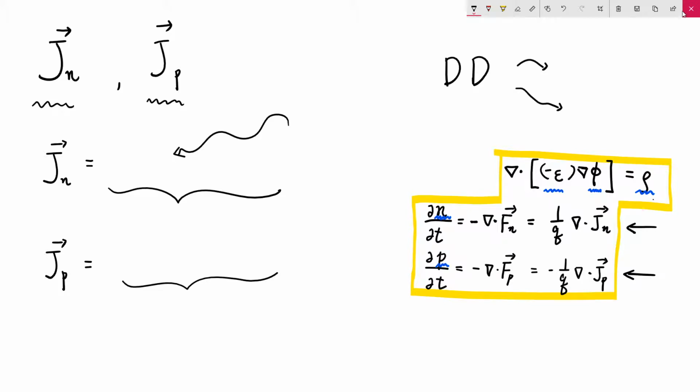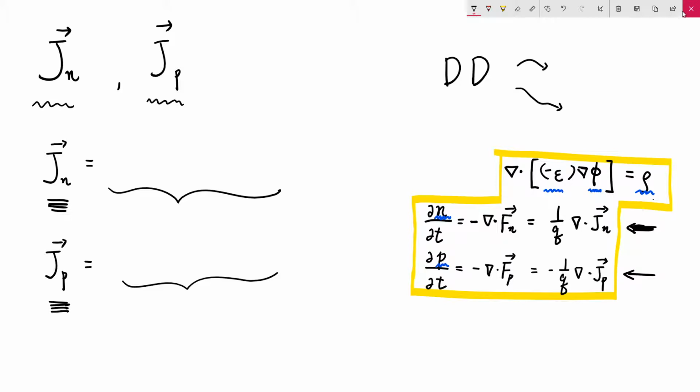Please do not try to modify the continuity equation itself, because when you look at its derivation for electrons and holes, you can find that it is rigorously derived, and no approximation is involved. However, in the derivation of J sub n and J sub p, we introduced many approximations, mainly related to the band structure or the distribution function of electrons and holes.